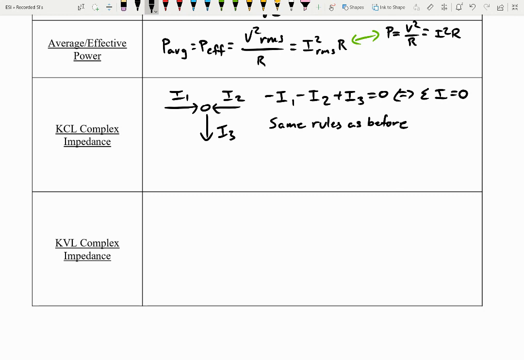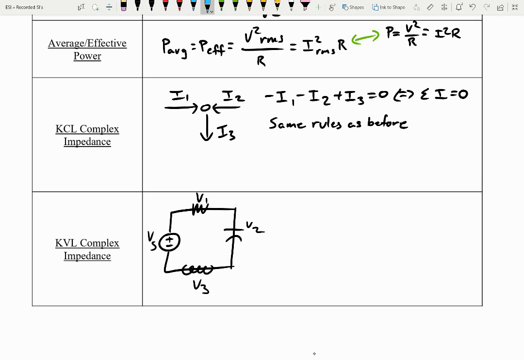Okay. Let's go and take a look at the KVL complex impedance. So here, we'll go ahead and draw out just a quick schematic for us. That'll be V1, this will be V2, V3, and this will be Vs. Okay.